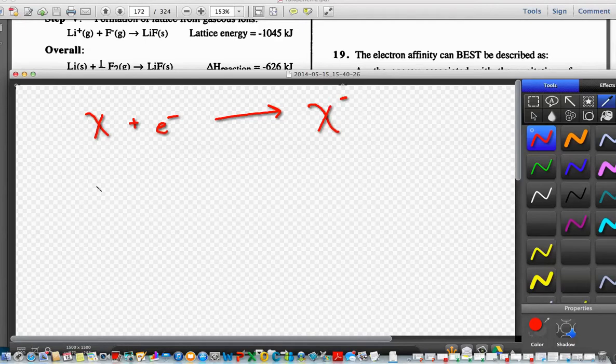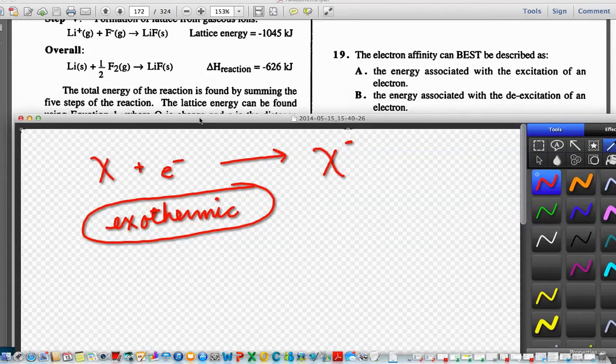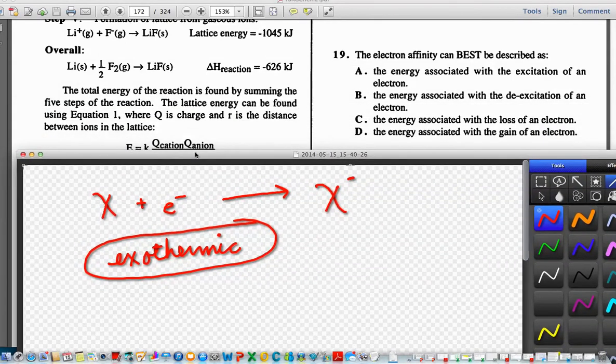So this is intrinsically exothermic. There are a few exceptions where you can have endothermic. But for the most part, it's exothermic, because adding an electron to something that has a nucleus, you're making a bond, not breaking the bond. D, the energy associated with the gain of an electron.